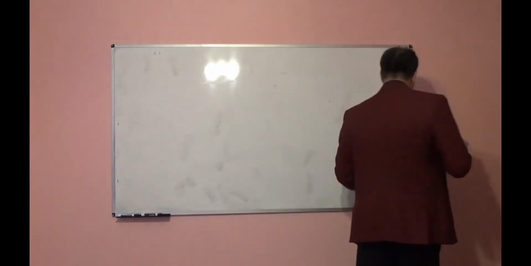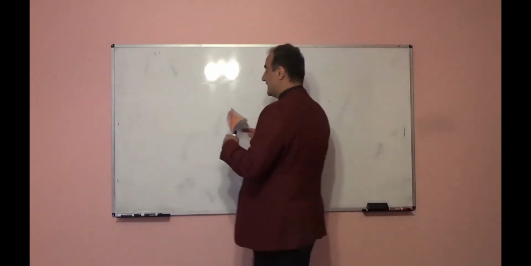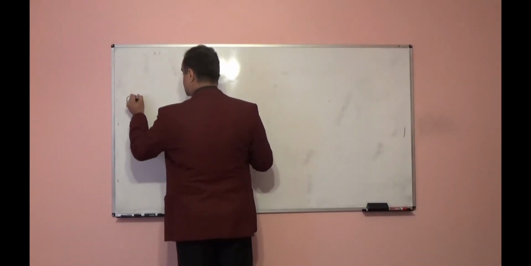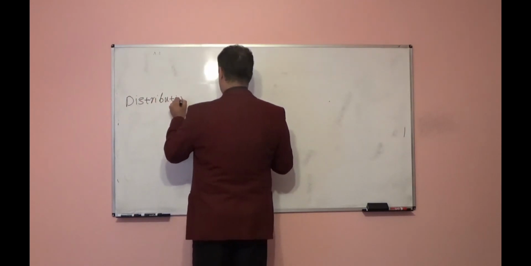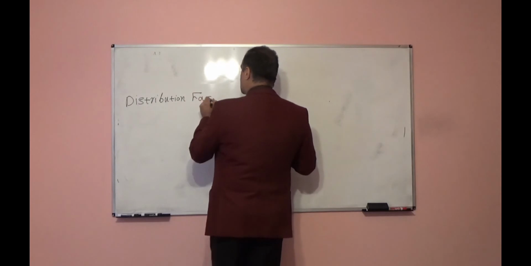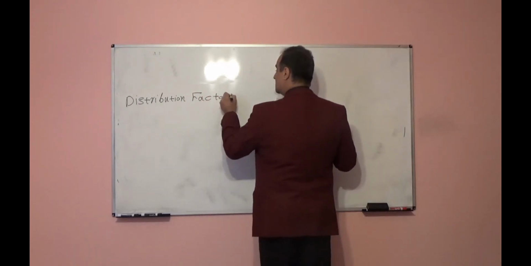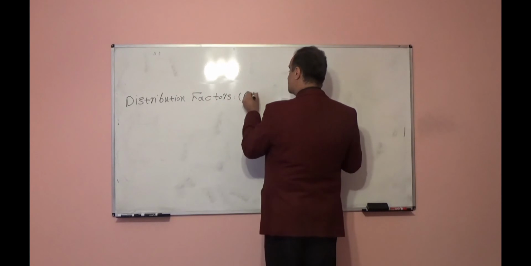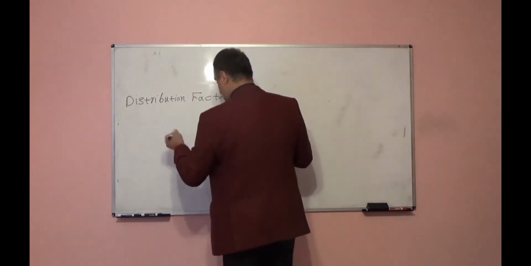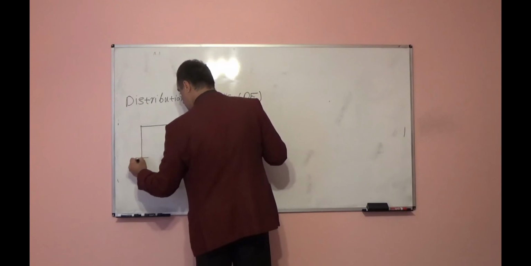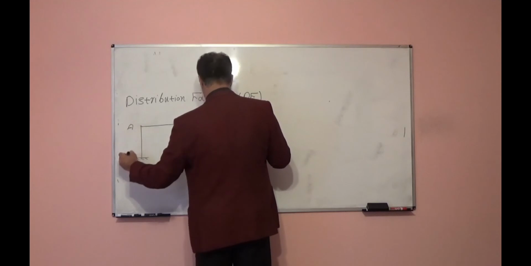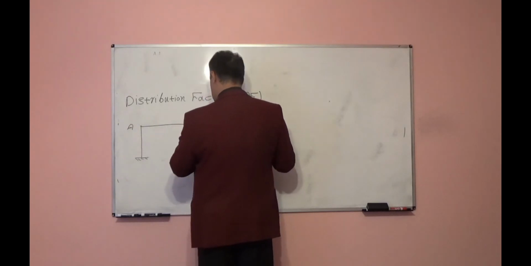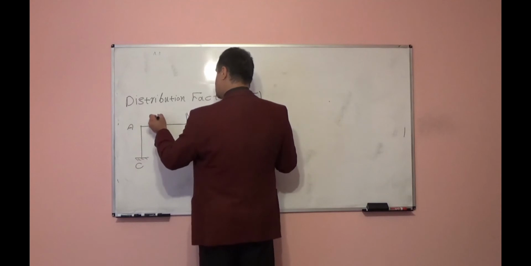Let's look at how we can find distribution factors. Distribution factors we will show with DF. For example, if we have a frame like this, and this is point A, point B, point C. The stiffness for this member, meaning rotational stiffness, will be KAB.